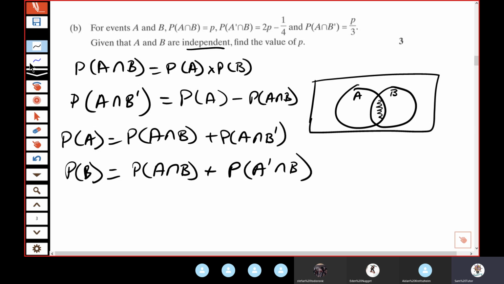Here we go. Find the value of p. Okay. Well, start from the top. We know that probability of A and B is equal to probability of A times probability of B. Probability of A and B is p. Yes?